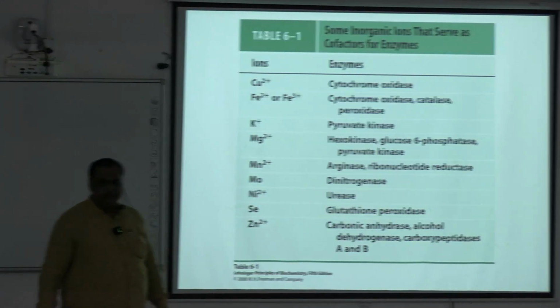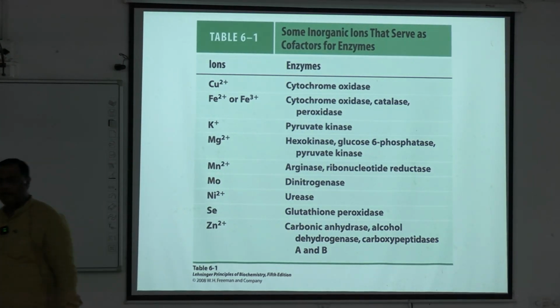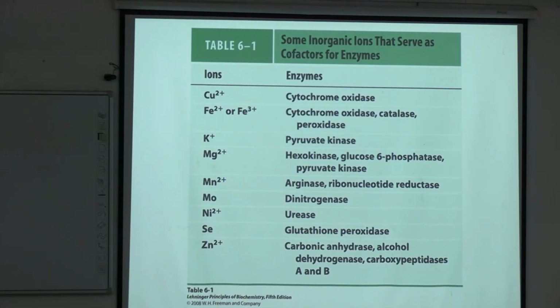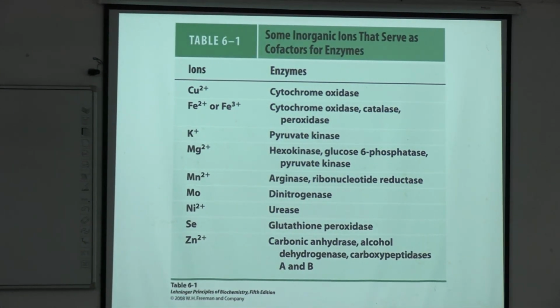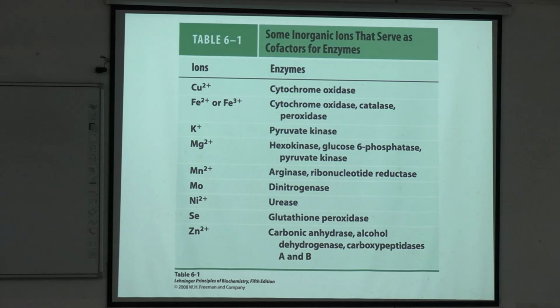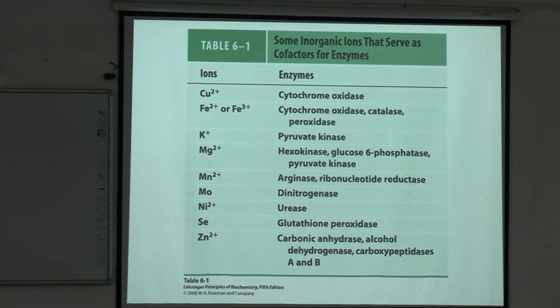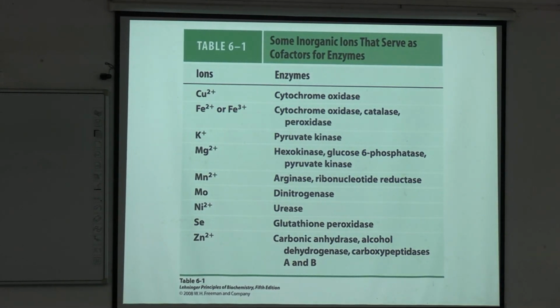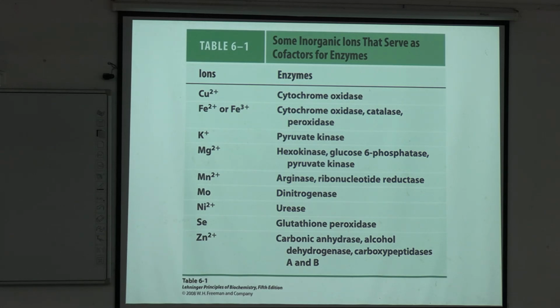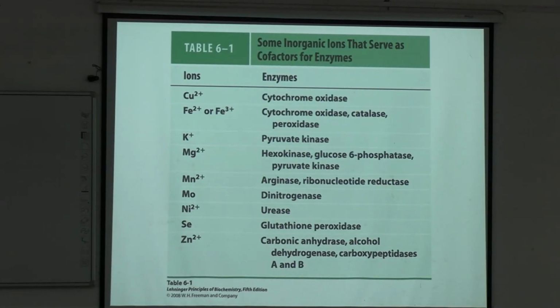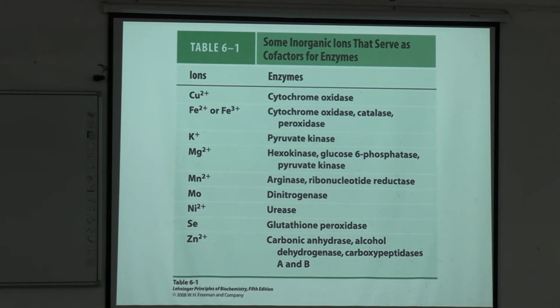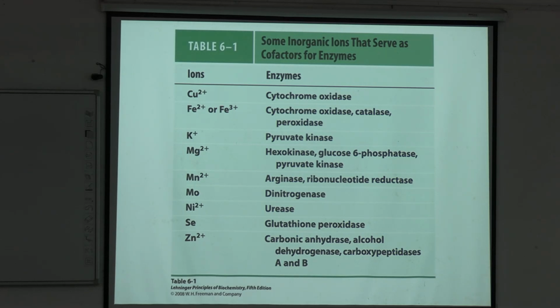These are few examples of metal ions and the corresponding enzymes. You can take a photograph, you can remember from any book, up to you. I will never tell you, you write this, you write that, unless it is very, very important. It is up to you whether you take it down, remember it or not.